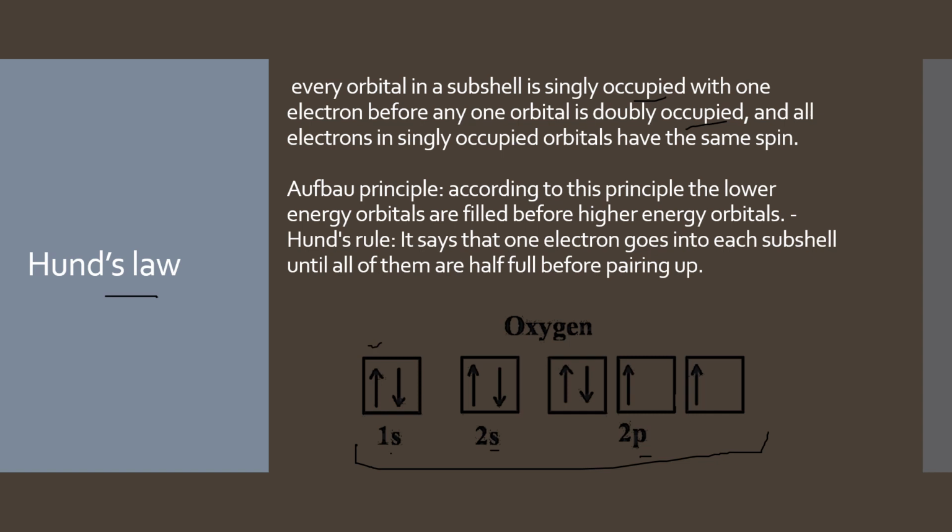How many electrons do we have? 1, 2, 3, 4, 5, 6, 7, 8. It's oxygen, so in oxygen we have 8 electrons.